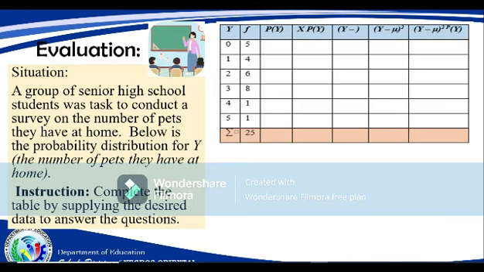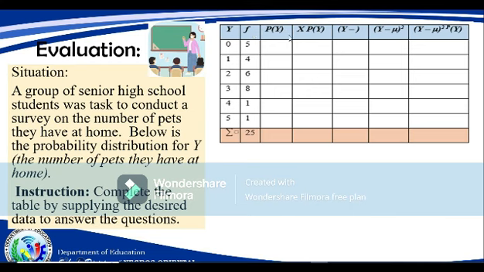So that's from 0 to 5 pets. For example, there are 5 students who have 0 pets at home. Then there are 4 students who got 1 pet at home. Then 6 students who got 2 pets at home. 8 students who got 3 pets at home. 1 student who got 4 pets at home. Another 1 student who got 5 pets at home.